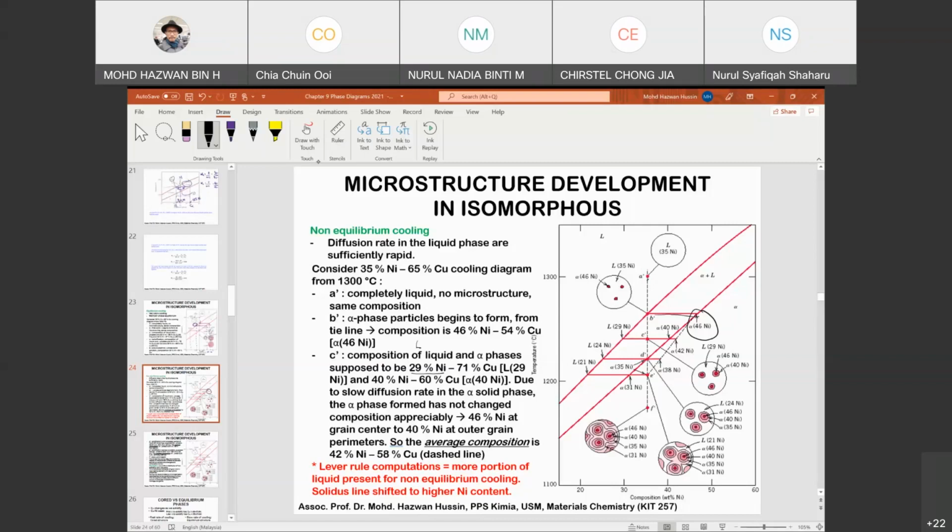So what will happen is that the core center is still 46, and you will have an outer layer.